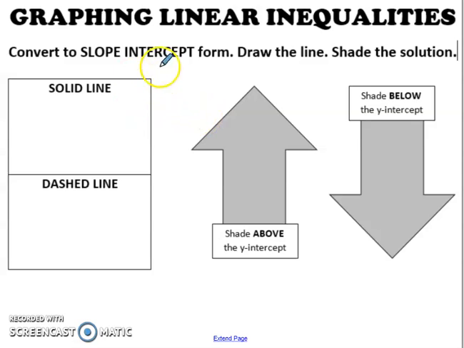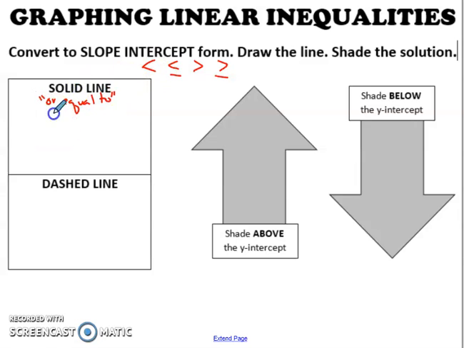Okay, so you have to know that all of the inequality symbols tell you something about your line, and it tells you about your shading. Okay, so a solid line are any of the ones that include the or equal to, right?